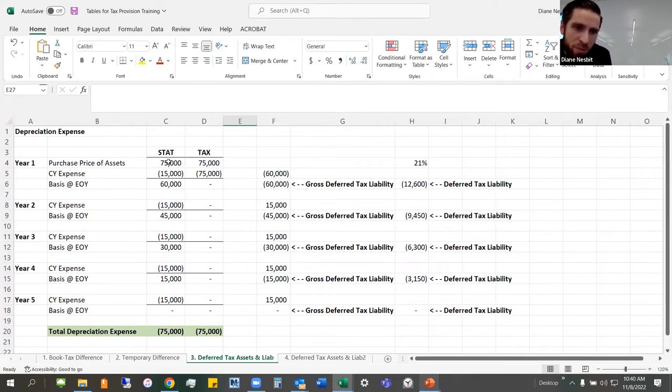The depreciation expense, this difference between your statutory or GAAP accounting and your tax accounting, created this temporary difference. The difference in the basis of the asset at any given point in time is the gross deferred tax asset or liability. That's what it's called. And so after year one, we say, hey, we've got a $60,000 gross deferred tax liability.